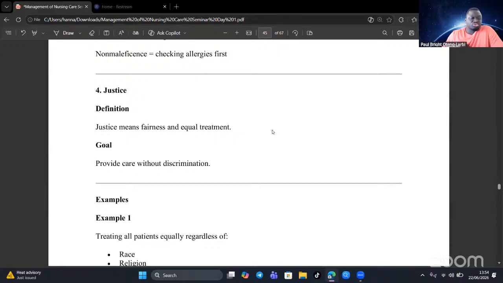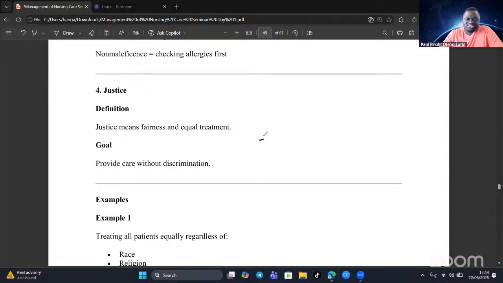Then I'm rushing through because you already know justice. Justice is fairness and equality, equal treatment. So no matter their race, creed, color, or politics, everybody should receive fair treatment. That is why on the hospital staircase, those people who are not disabled will walk and go.